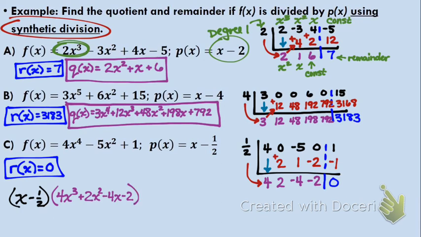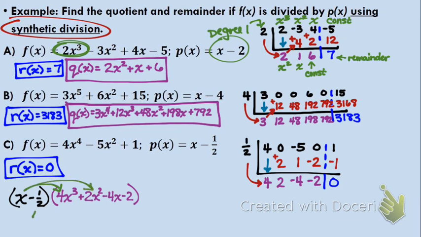What happens if I start distributing this? Do I get the thing that I'm supposed to get? Let's look. Would that give me 4x to the 4th? Yes.